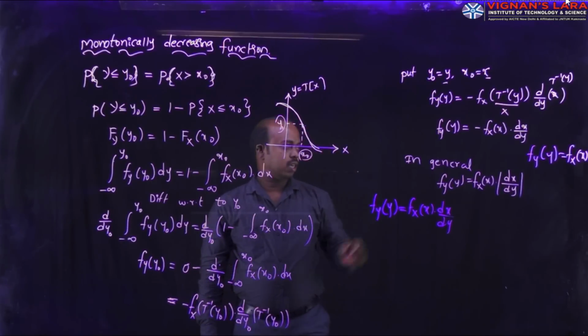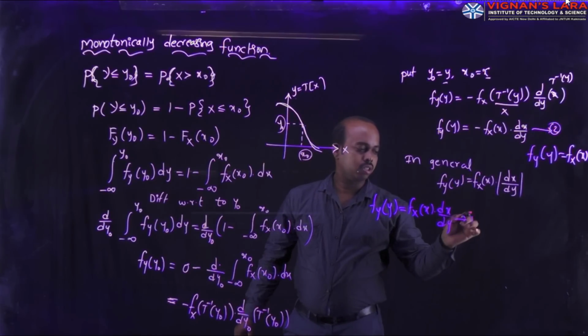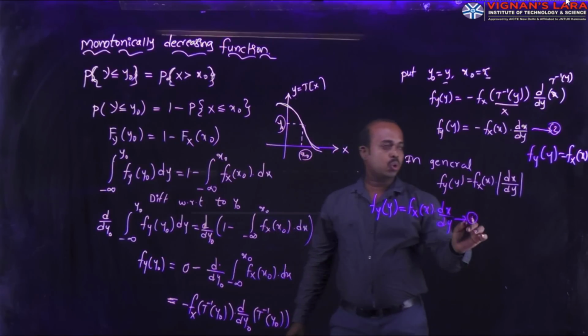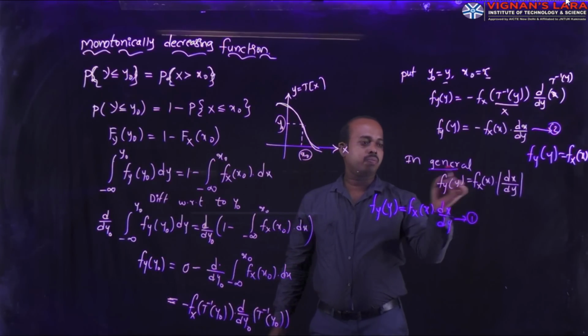From these relations, this one is 2 and this one is 1, which we already obtained in the monotonically increasing function. From these two relations, we can write the function in general form.